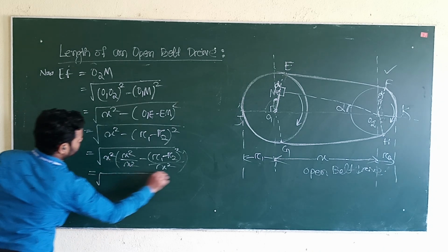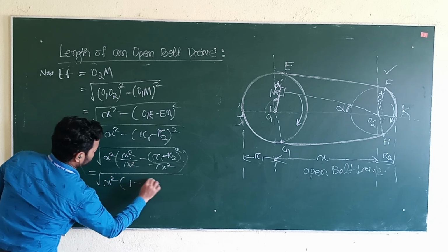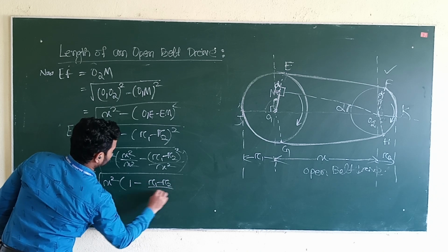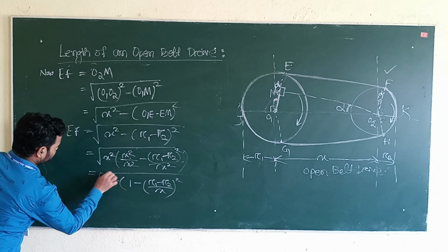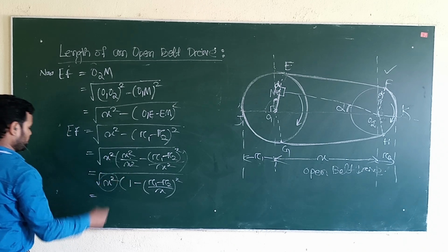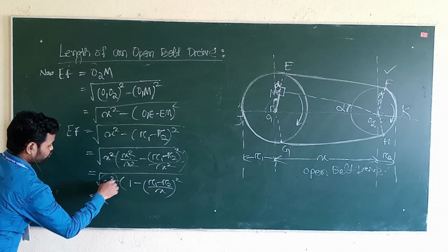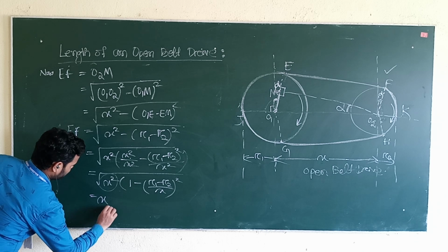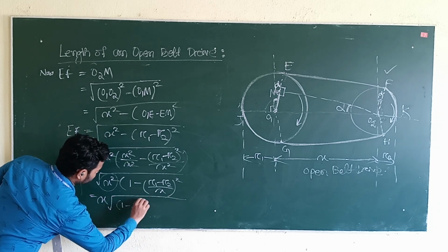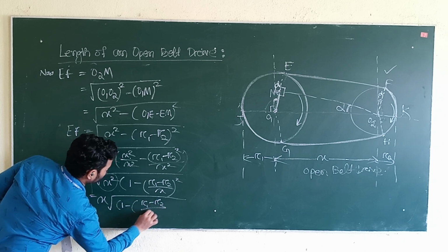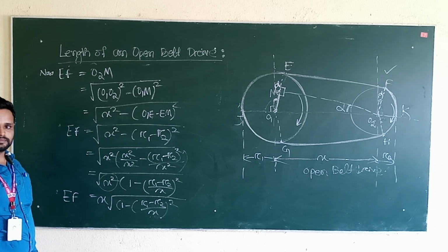Then under the root, X square times 1 minus R1 minus R2 by X whole square. If we remove this X square from the square root, the square root of X square becomes X. So EF equal to X times the bracket 1 minus R1 minus R2 by X whole square. This is the value of EF.